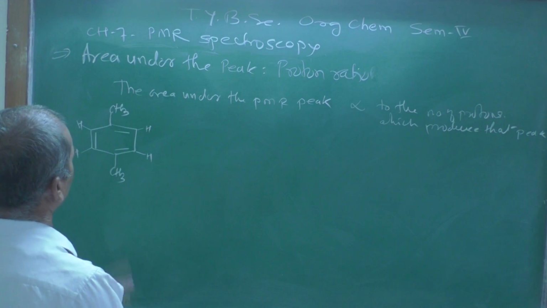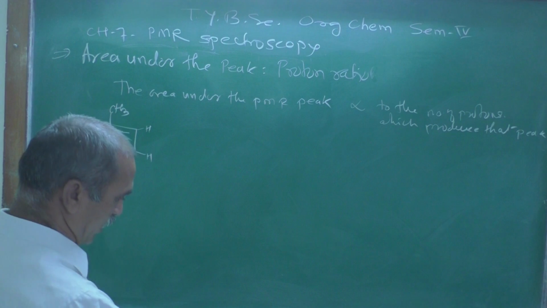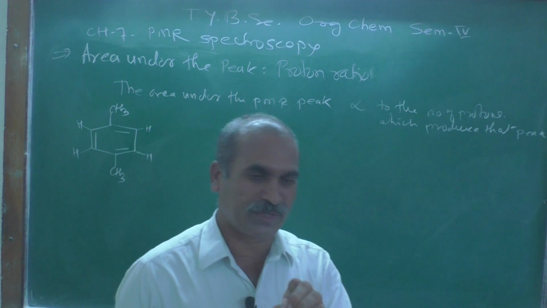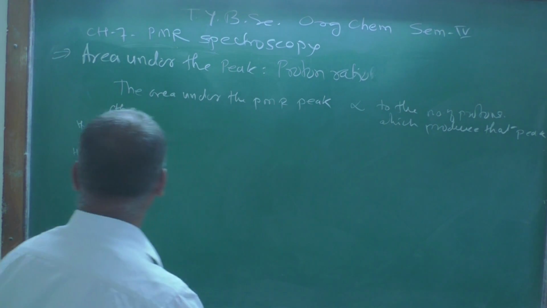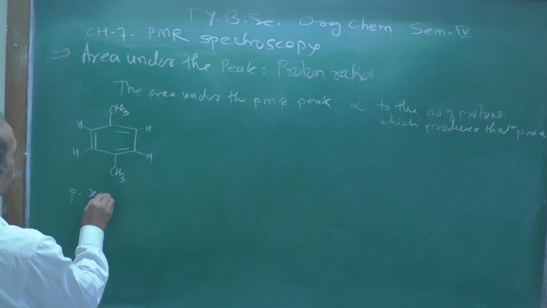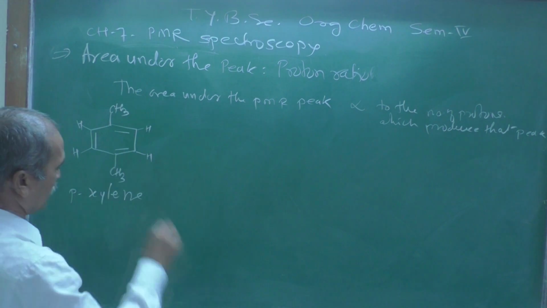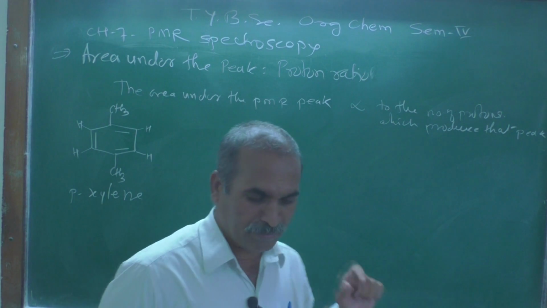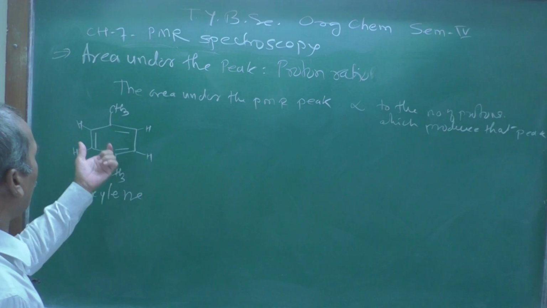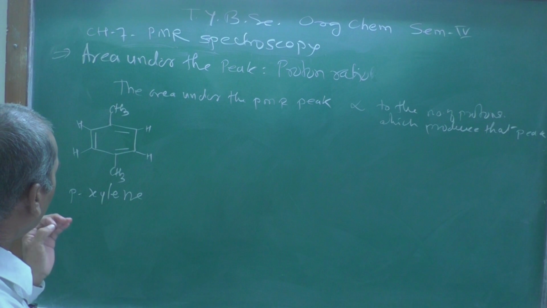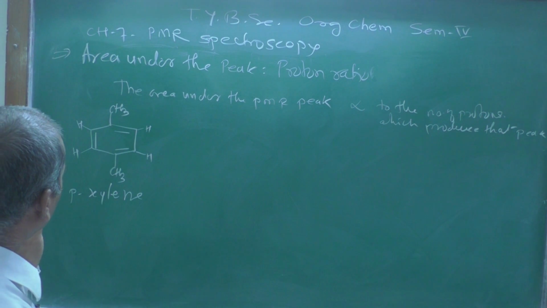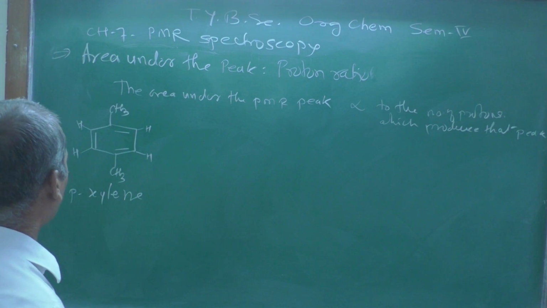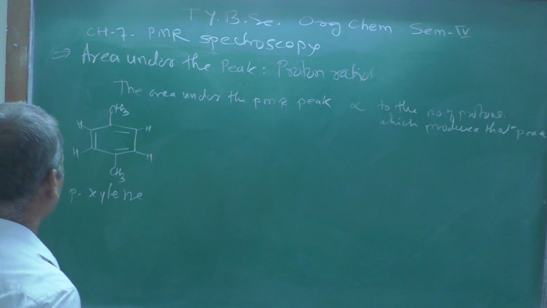Now if you observe this structure carefully, how many types of protons are present in paraxylene? If you observe very closely, you will see there are two types, or two kinds, of protons.